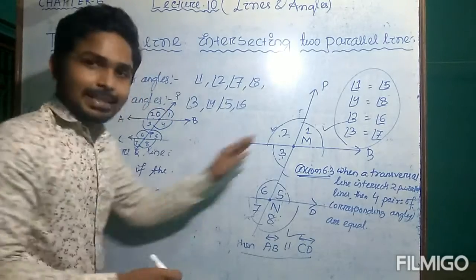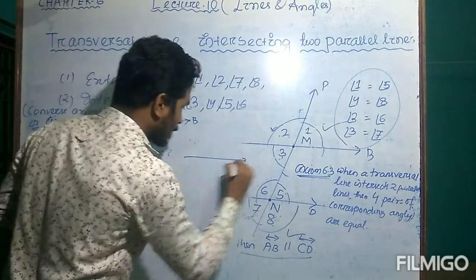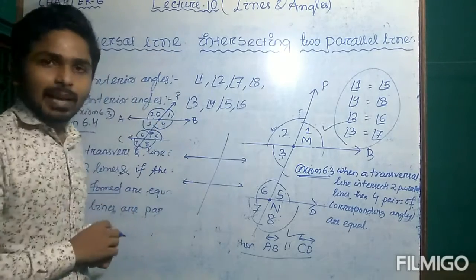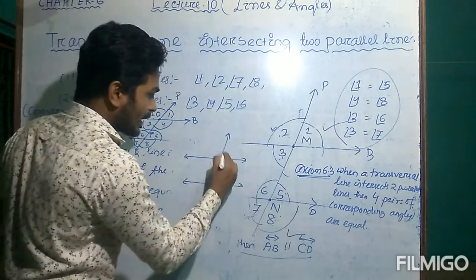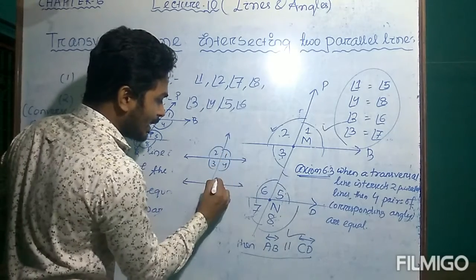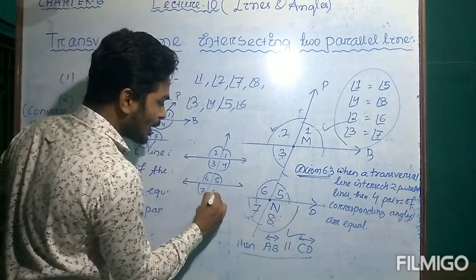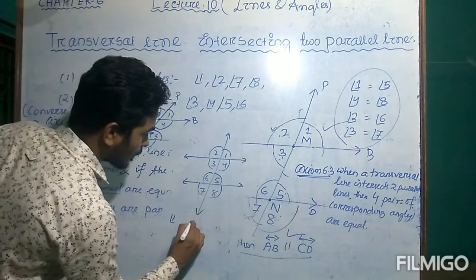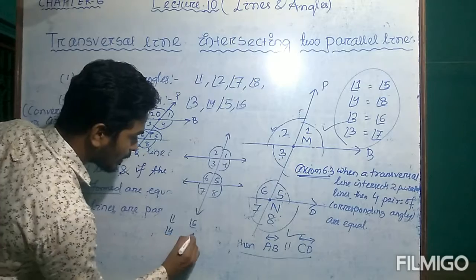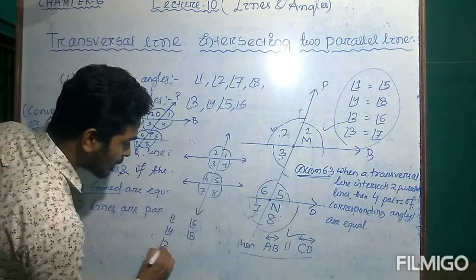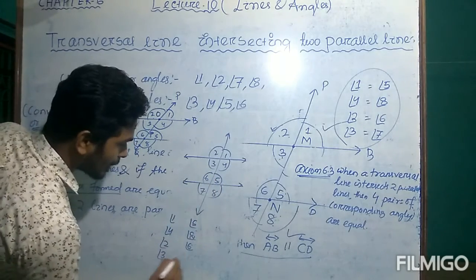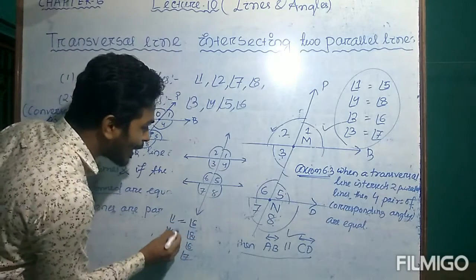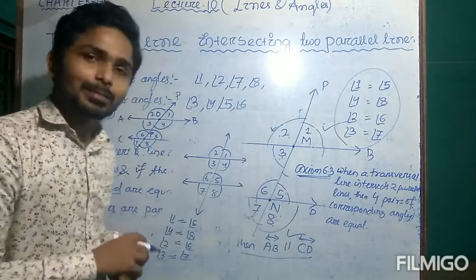According to the 6.3 axiom, it is given that if two lines are parallel and another line is transversal to it, okay, then how many corresponding angles are formed? 4 pairs of corresponding angles formed. 1, 5, 4, 8, 2, 6, 3, 7. So all the corresponding angle pairs formed are equal. This is the axiom number 6.3.